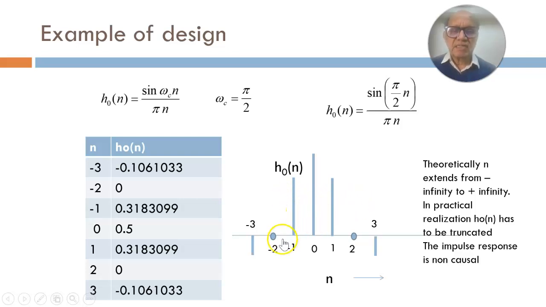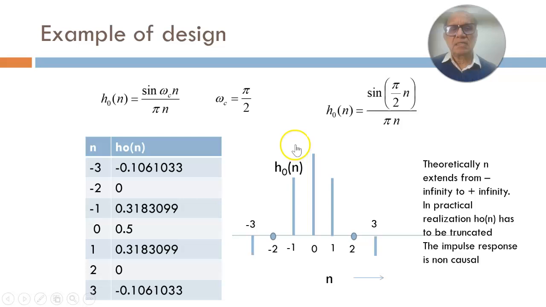If you delay this, then the values which are lying for negative values will go on decreasing. Suppose this comes here, this will come here, so this is already small. If I delay it further, the values which are lying for n negative, you will find they will have small values. So even if I neglect them, the effect on the filter response is not going to be much.